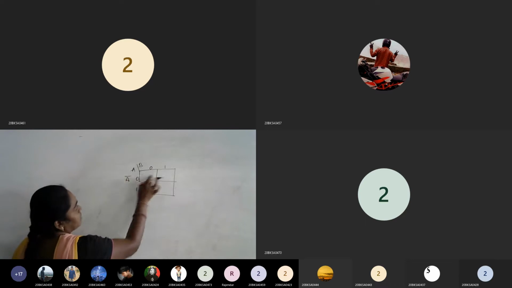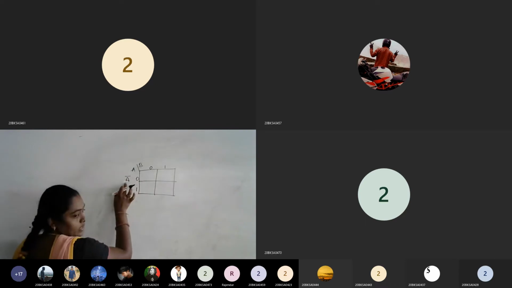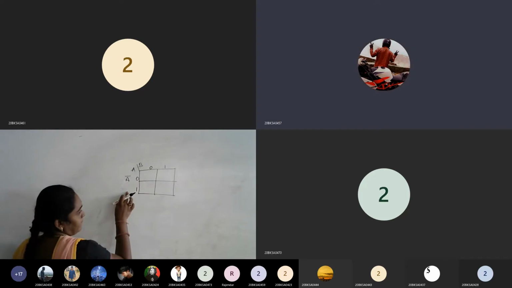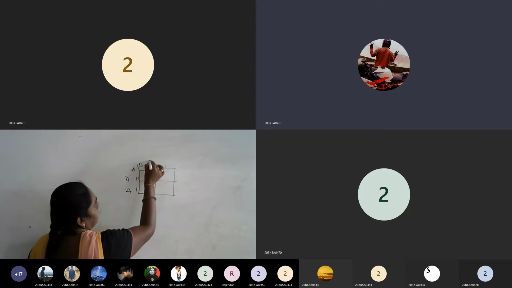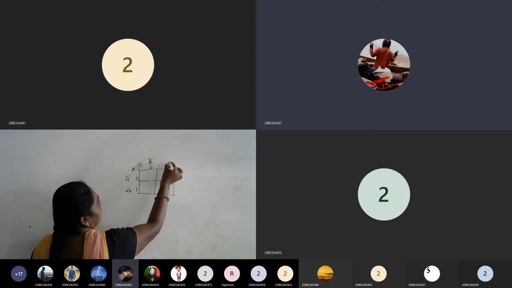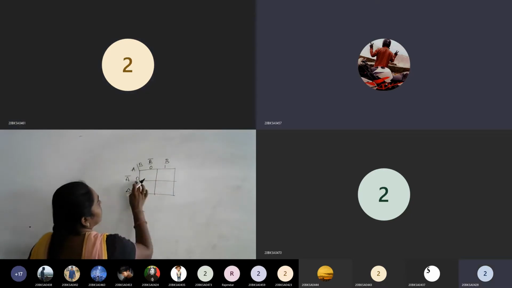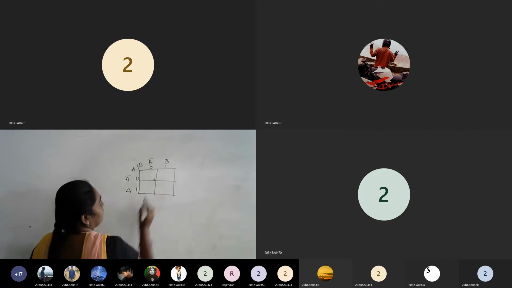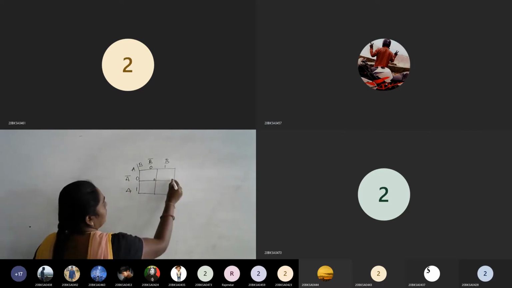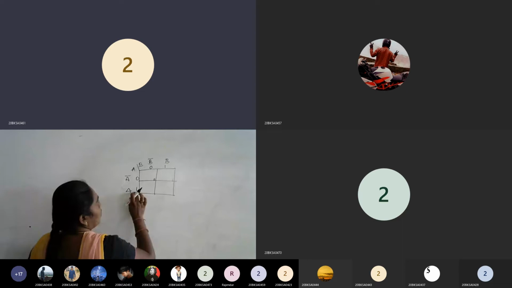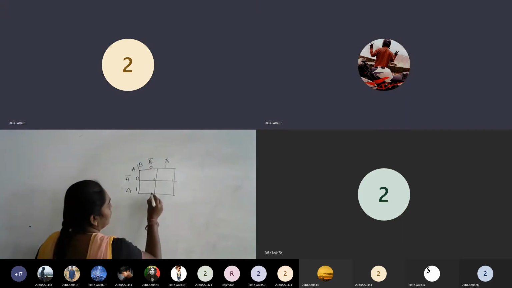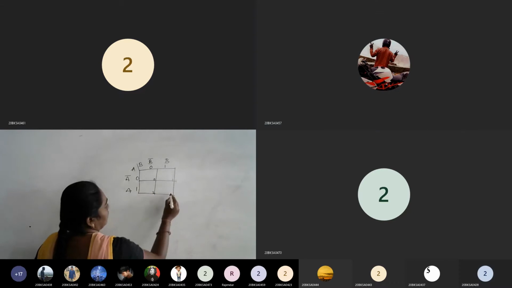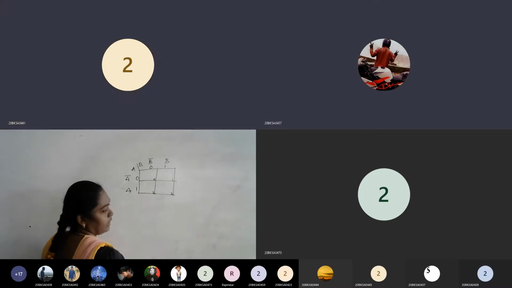As it is the first row, A is related with 0, it is A bar. Tell me what is this? A. This one? B bar. And B. 0, 0 means min term 0; 0, 1 is min term 1; 1, 0 is min term 2; 1, 1 is min term 3.